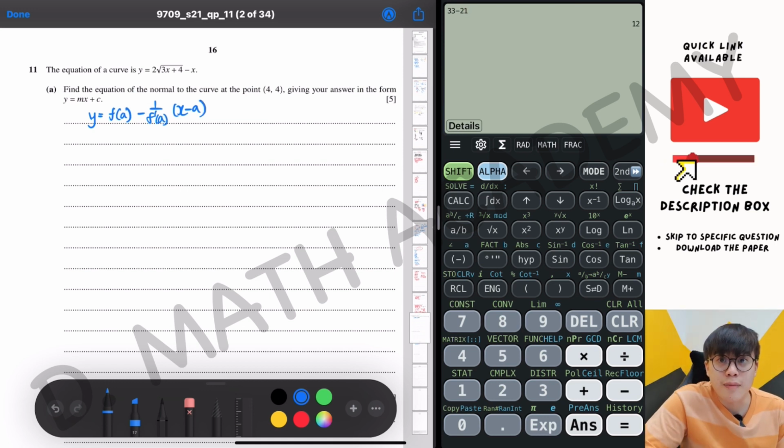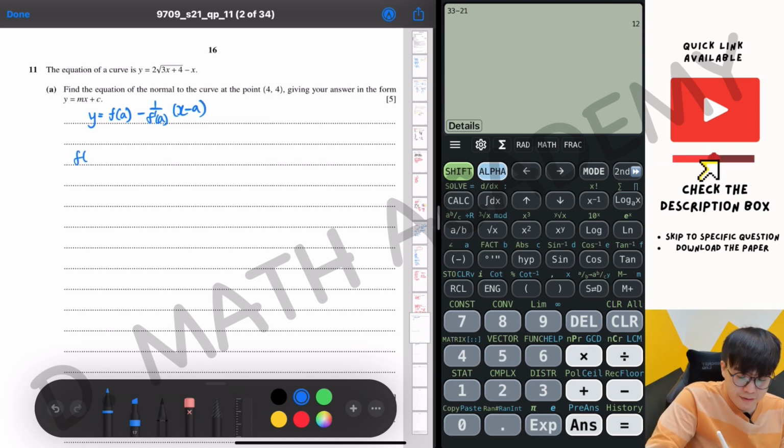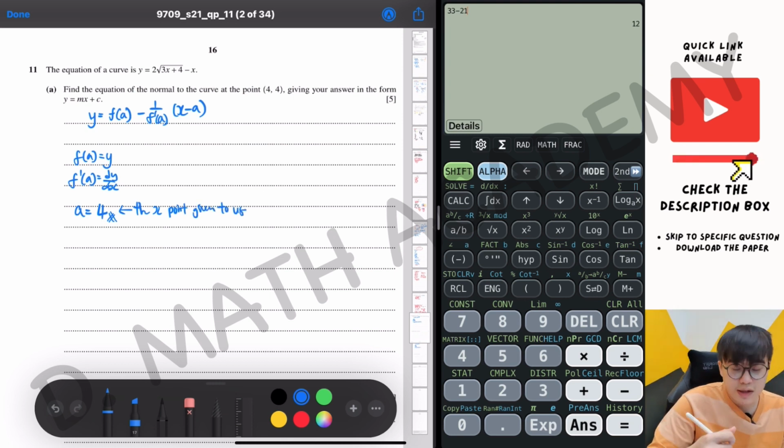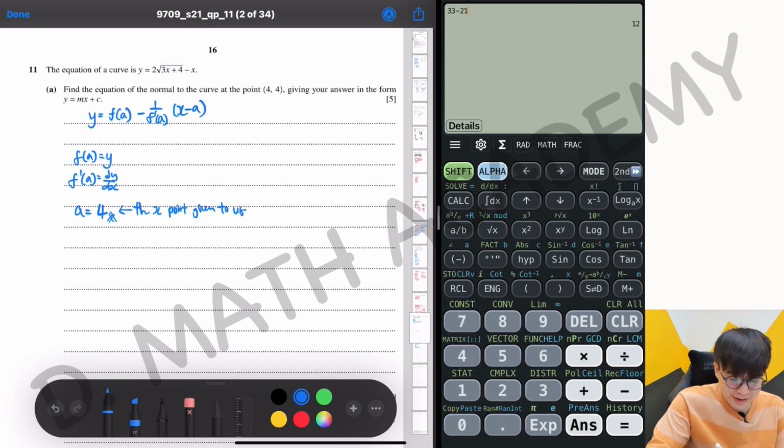Okay, this is the formula that I always use. F a is actually referring to the y that was given to us. F prime a is actually the dy dx, and a here is actually the point that was given to us. Okay, the x point.